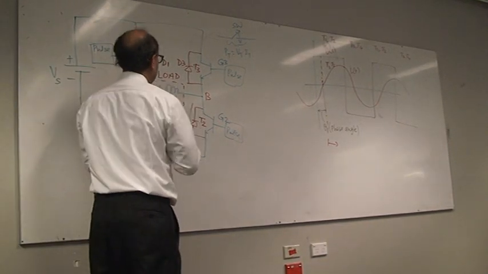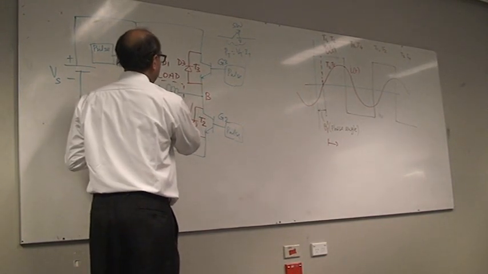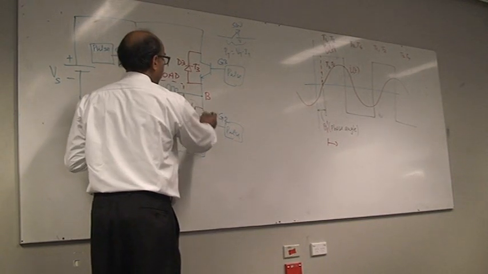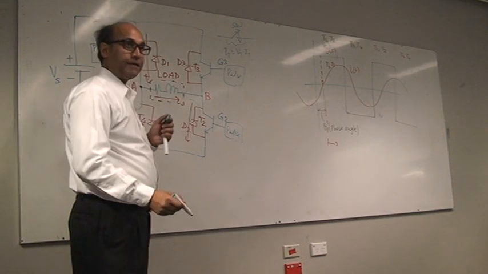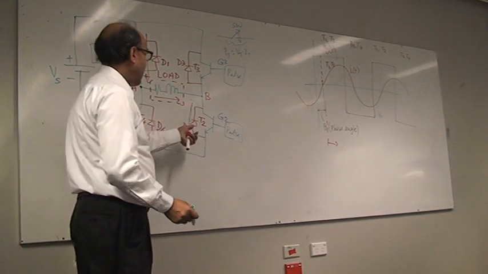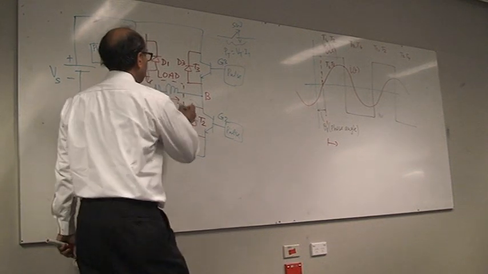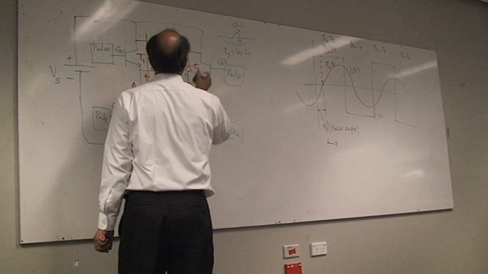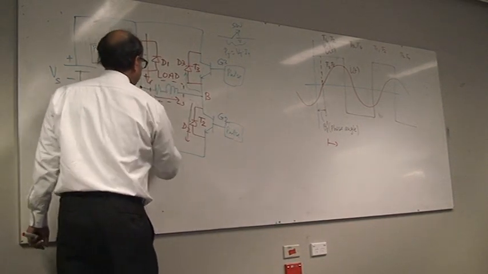So this is the current you are expecting to flow. From this side you expect it to flow, but T2 goes off, so you cannot have it there, isn't it? D2 cannot allow current to flow through that. For a diode, current always flows from anode to cathode. So this current will now flow through D3. If D3 here goes off, then D4.